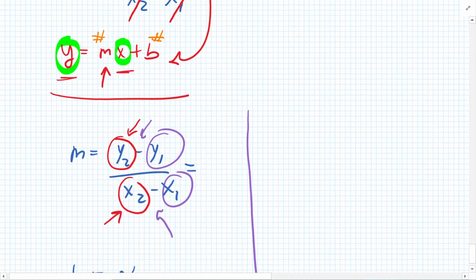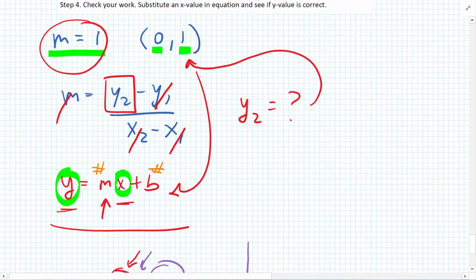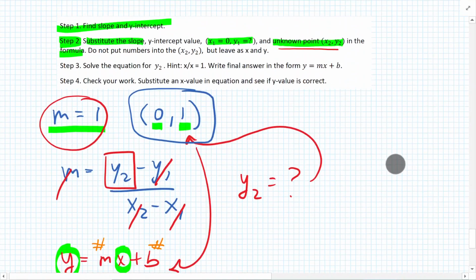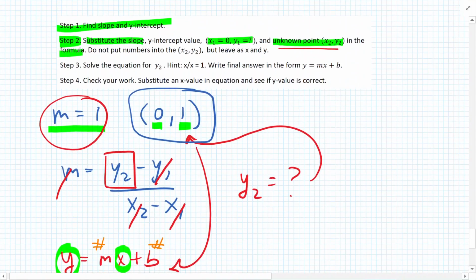Well, we had a y1 before. We can't use this point because, well, could we? I think we're supposed to use that one. That's true. See? They want us to use x1 equals 0 and y1 equals something else.